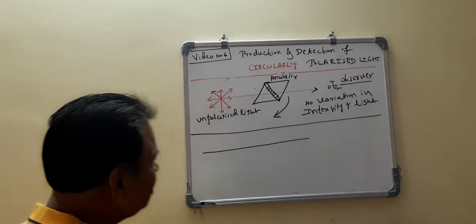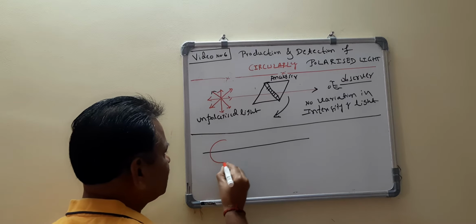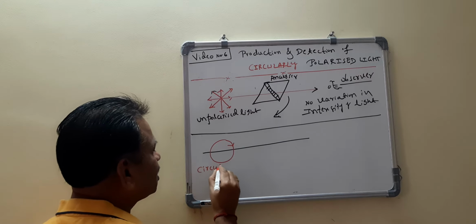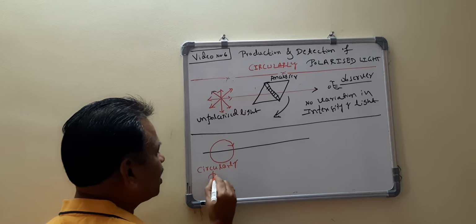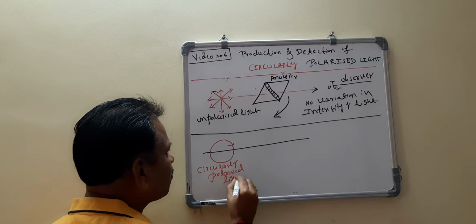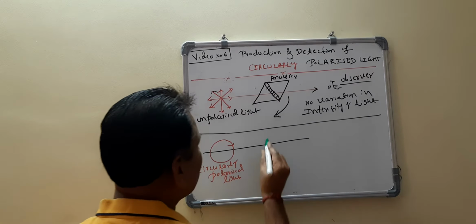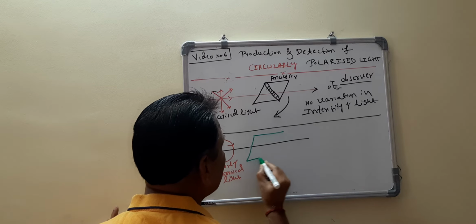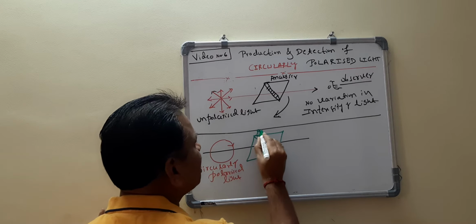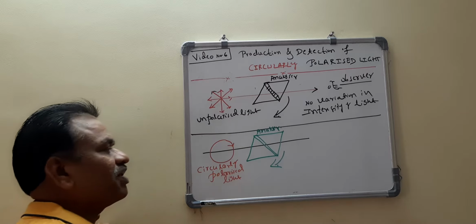Here the incident wave is a circularly polarized light. I am observing this light through the rotating Nicol prism, which is also an analyzer, and it is rotating.